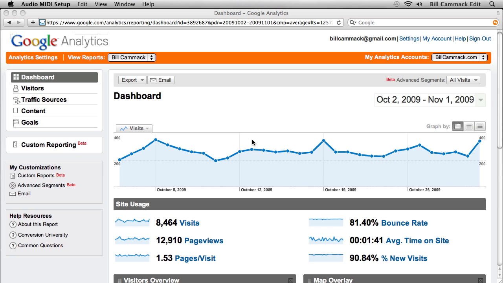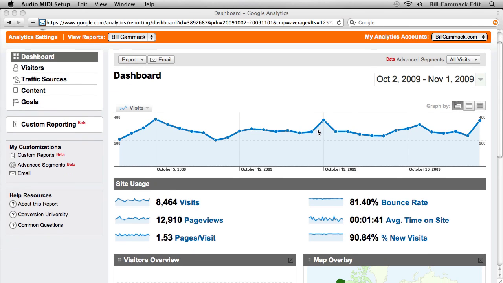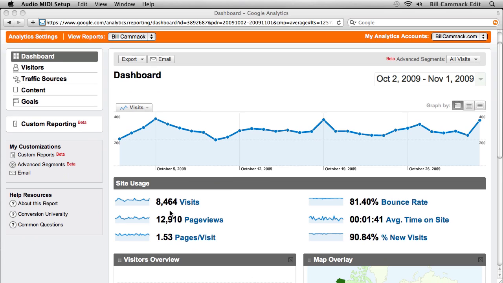So we're starting out here with the dashboard. It gives you a 30-day breakdown between October 2nd and November 1st, 2009, which is yesterday, and site usage. This is from my site, so it has 8,400 visits, 12,000 page views.